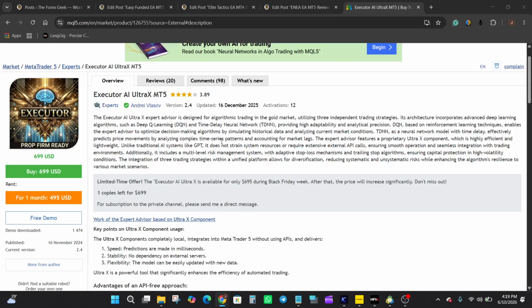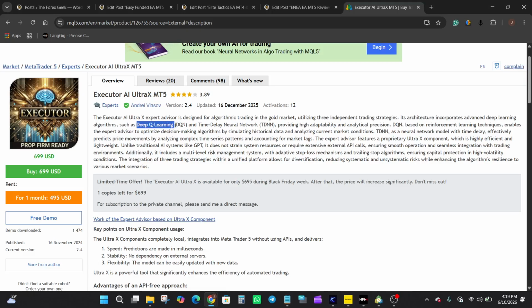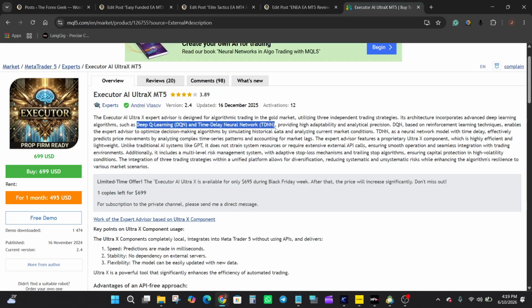One of the main points highlighted on the page is the use of deep learning technologies, including deep Q learning, also known as DQN, and a time delay neural network or TDNN.